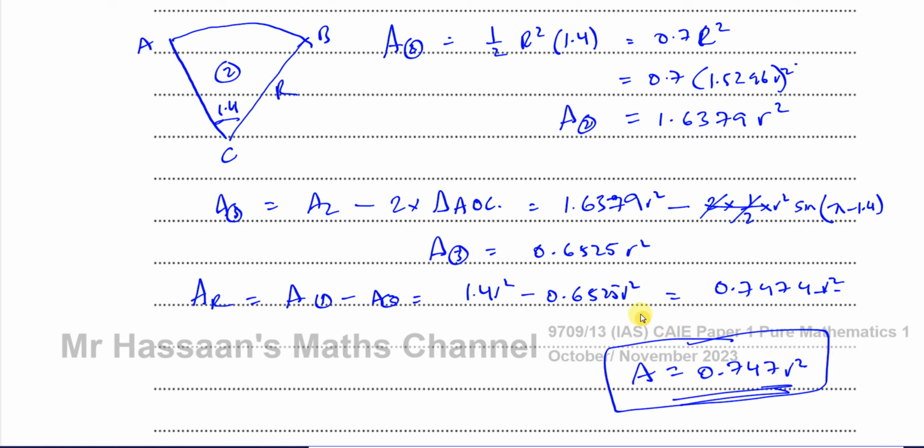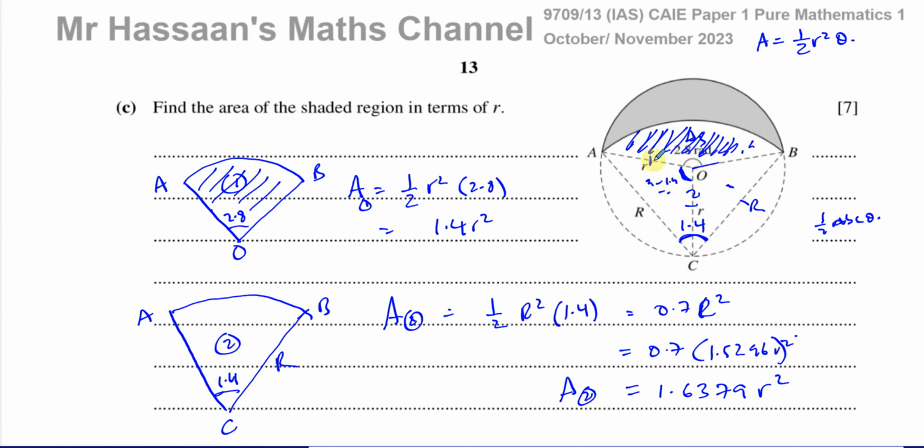Okay, so it's a bit tricky. Basically, you have to find what this small area is here, take it away from the area of this sector. The area of the sector is 1.4 r squared. To find this small area here, we had to find the area of this sector, take away these two triangles. There could be other ways of doing it.